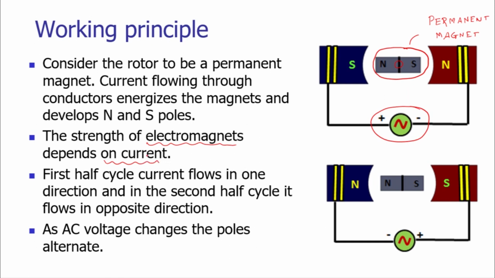Now if you look here, for the first half cycle, we are applying a sinusoidal wave of electric current. For the first half cycle, let us consider the electromagnet is generating a south pole here and the north pole over here.